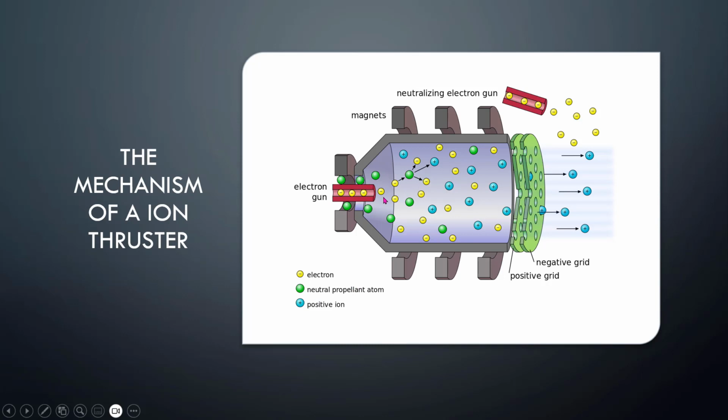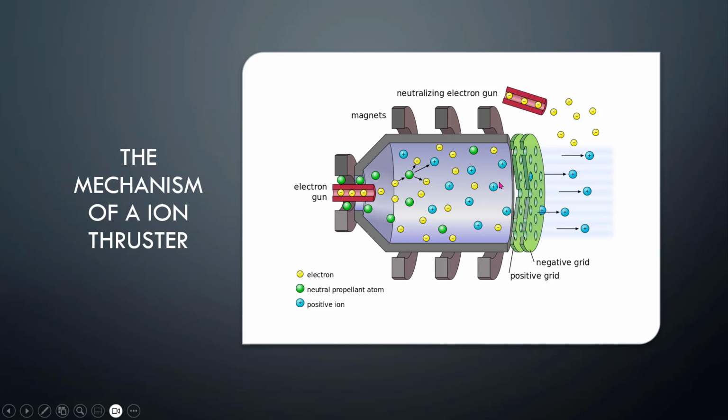When we put these neutral atoms and electrons together, the electrons knock off the neutral atoms' electrons. Because the electron number is smaller than the proton number, these propellant atoms become positively charged. If you see it, the green atoms become positively charged blue atoms.